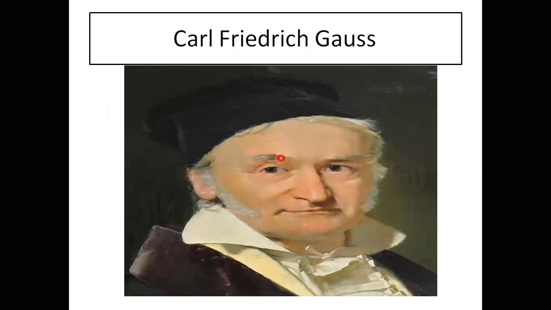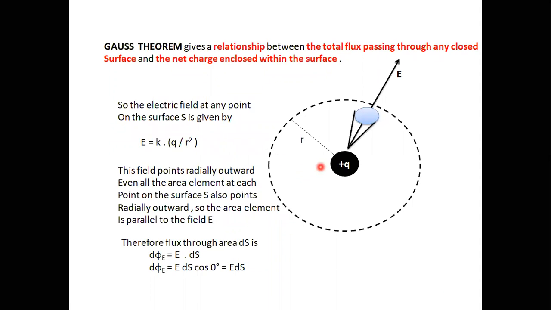Okay, so in order to understand Gauss theorem, let us assume that this is my plus Q charge, and this dashed line which you are seeing here is an imaginary surface. In this case it is spherical in shape.